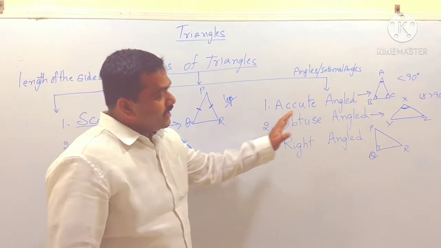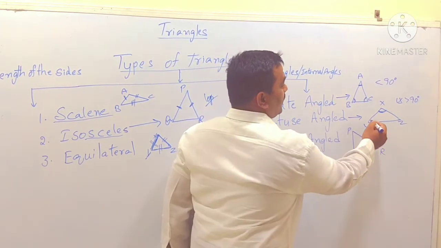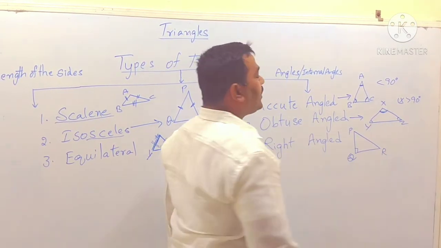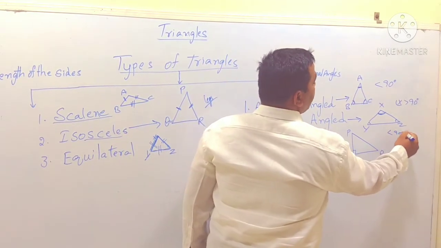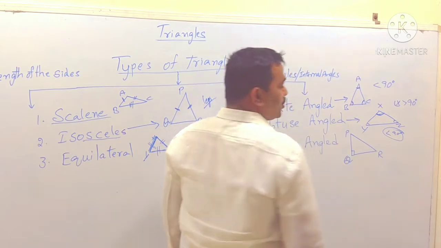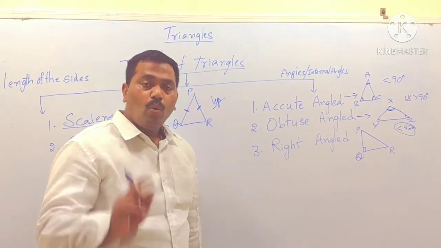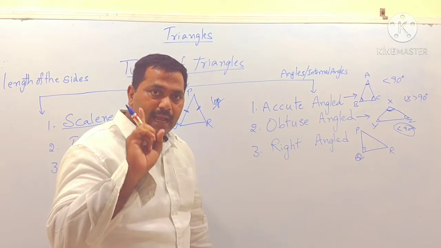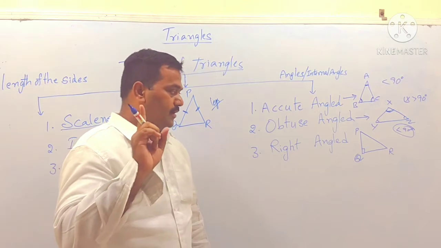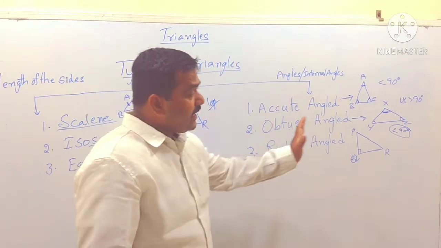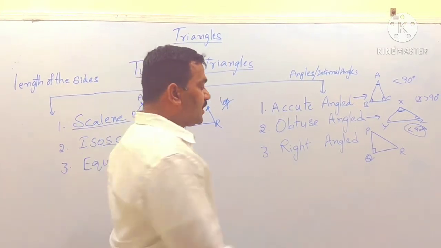The remaining two angles are acute angles, that means less than 90 degrees. Coming to the right angle triangle, only one angle is 90 degrees. That is called a right angle. The remaining angles are acute angles.